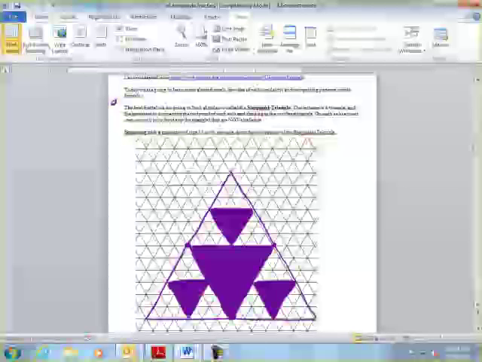And our directions tell us to take it to a 3rd iteration. When we take it to that 3rd iteration, when we find our midpoints, they're actually not going to be along the lines on the paper. It's going to be right in the middles there.